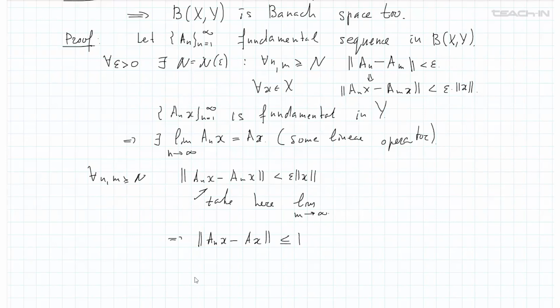But we can change this inequality to a non-strict inequality. Then take the supremum for ||x|| equals 1, and we immediately obtain the result.